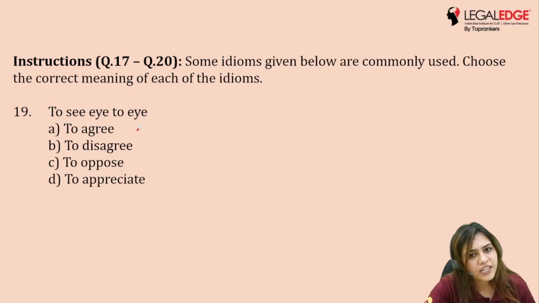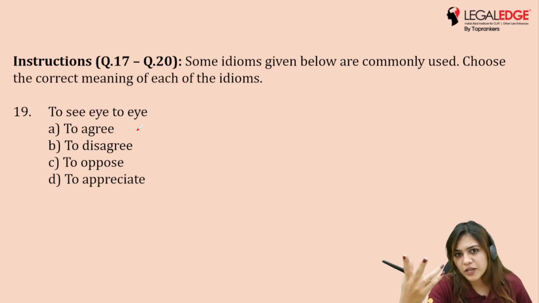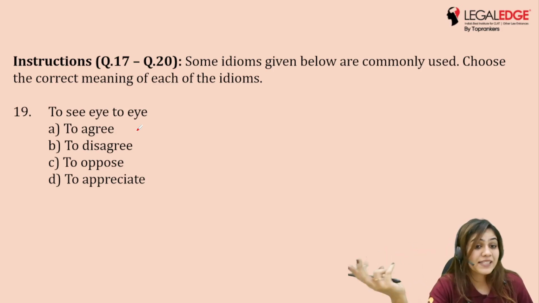The next one, to see eye to eye, that means to have common ground. If we both see eye to eye, that means हम दोनों ही उस चीज़ पे सहमत हैं.